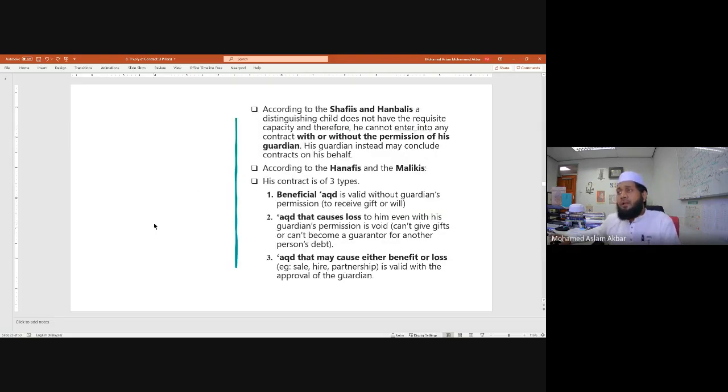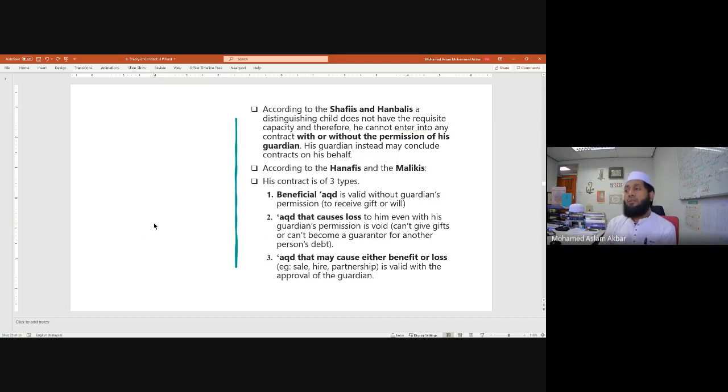So this is where there is discussion with regard to this particular Sabi al-Mumayyiz, what kind of transaction he can do, whether he can do it by himself, or he has to do it through the guardian. So what kind of aqad can he do, this is what we are going to talk about in this discussion.